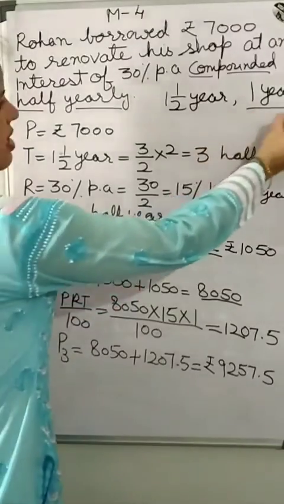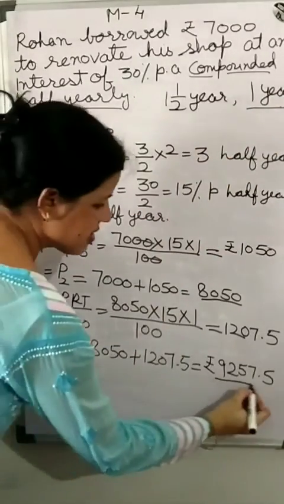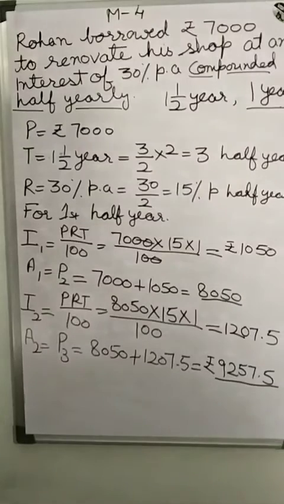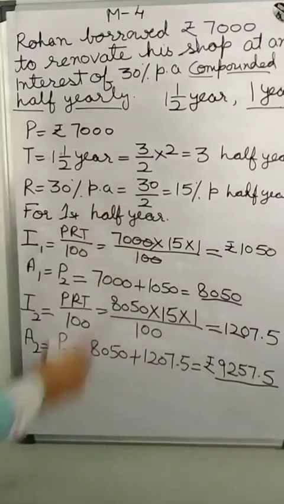Okay, so this is the amount that you will get after 1 year. Now you calculate it for a further half year also.